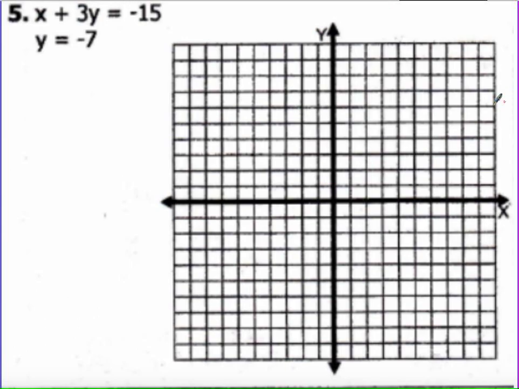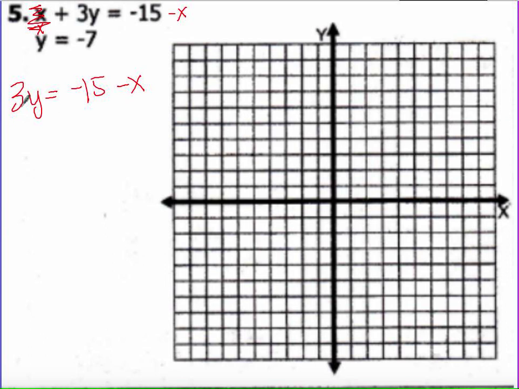Okay, our very last example. Again, neither one of them are technically in slope-intercept form. The second one I can't do much with because it's a special case line. But we'll rearrange the top one to get y by itself. First I need to move the x. So I'm going to minus x from both sides because it was positive. And I've got 3y equals -15 minus x.